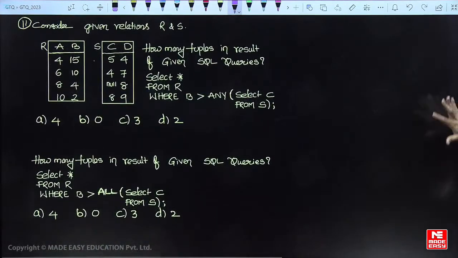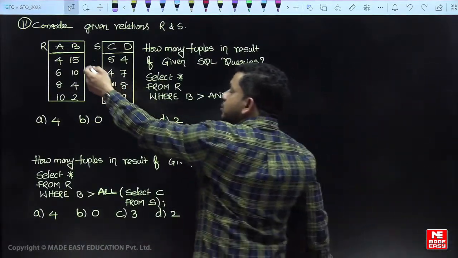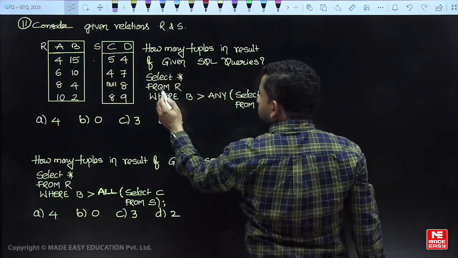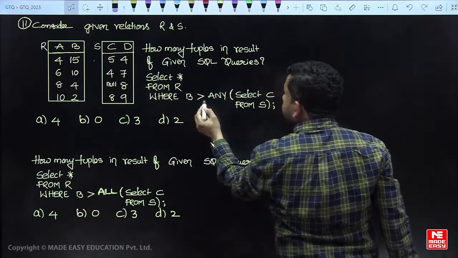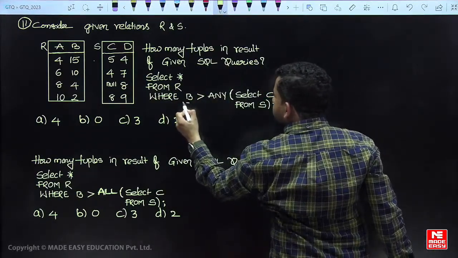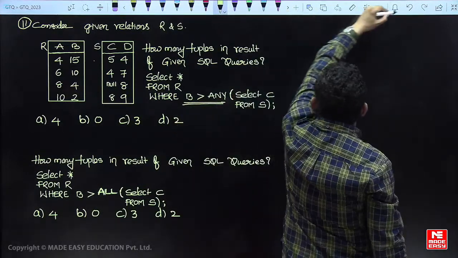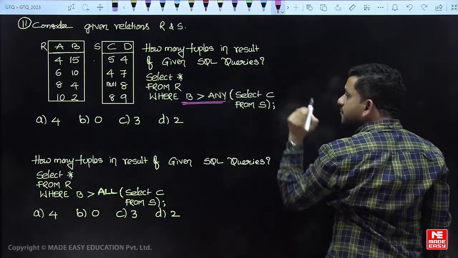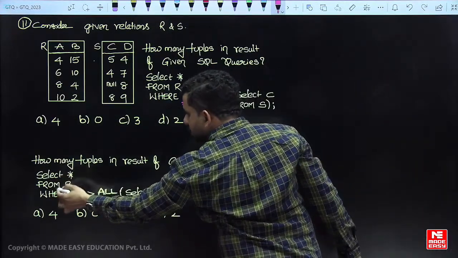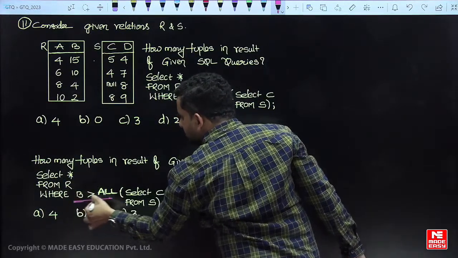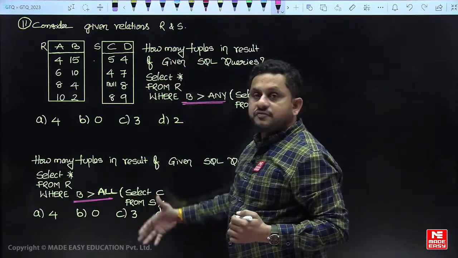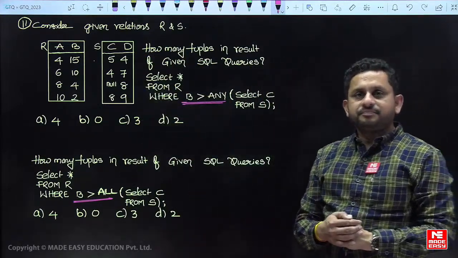So next question. It is a much simpler question. Two instances are given. How many tuples are in the result of the given SQL queries? Select star from relation R where B greater than ANY C values of the S relation, and select star from R where B greater than ALL select C from S. So what is the number of records in the result of these queries?